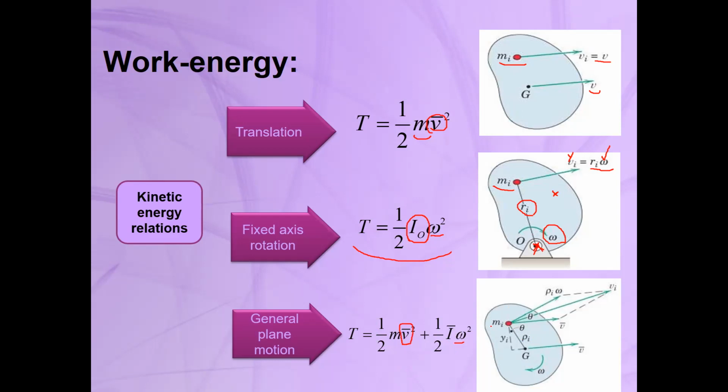As you can see, this is mi. The velocity of mi, in fact, is vi. It's not equal to v bar, because this body is rotating and translating, okay? So due to the rotation, the velocity of point mi is not equal to the velocity of the mass center g.